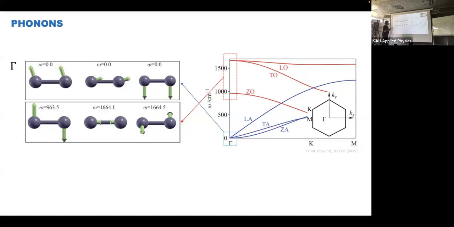And the acoustic bands always go from zero at gamma, and then they go somewhere. If we have some negative modes here, it means that maybe we don't have enough accuracy, or maybe our system is dynamically unstable, and we should change atoms somehow to make this crystal dynamically stable again.